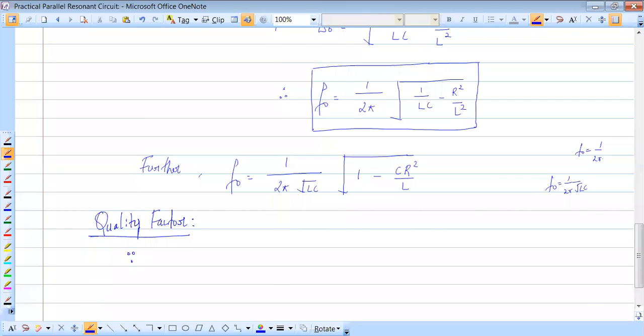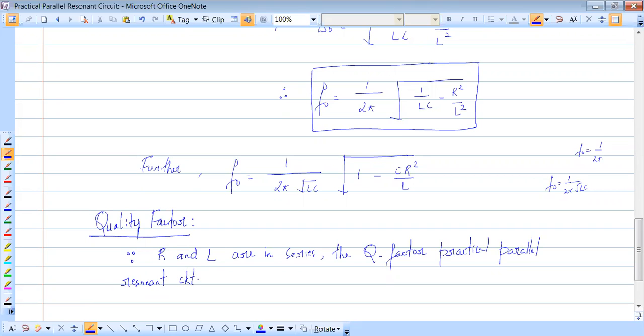Make a statement. Since R and L are in series, the Q factor of the practical parallel resonance circuit is equal to that of the series RLC circuit.